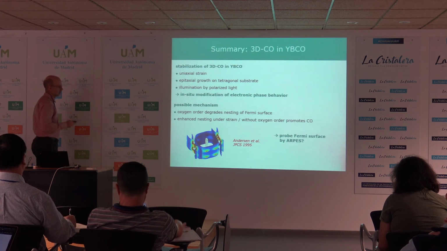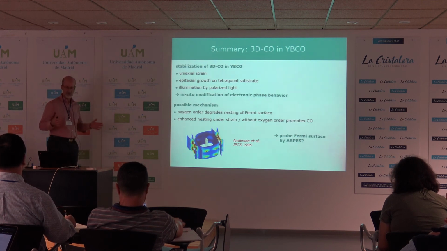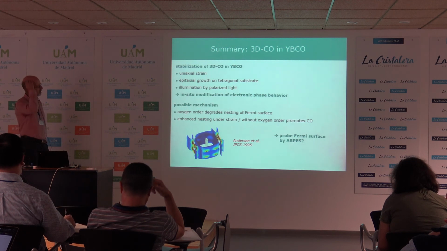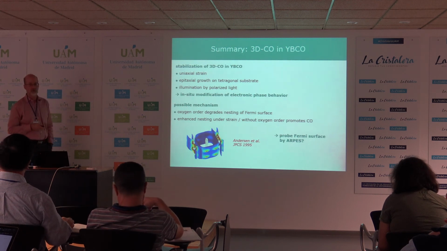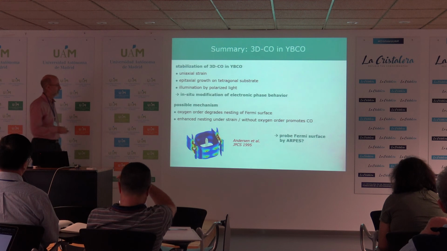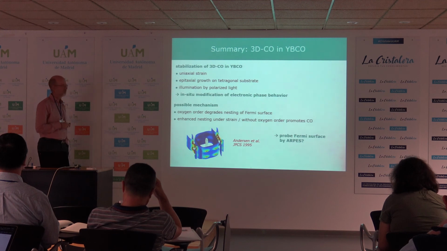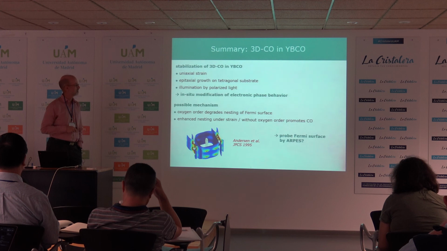And so the crystal structure of the YBCO on top of the substrate is different from the crystal structure of bulk YBCO. And the oxygen will then be more disordered, right? But the Fermi surfaces will be more symmetric because it will be then in a tetragonal structure, and the nesting features will probably also be enhanced. And this modification of the phenomenology may be favorable for the formation of three-dimensional charge order.